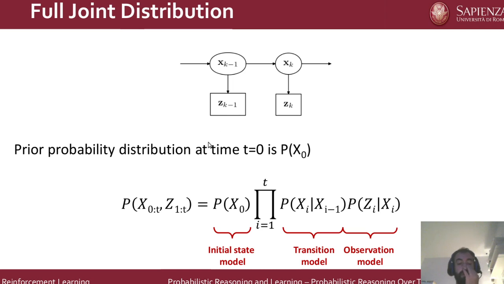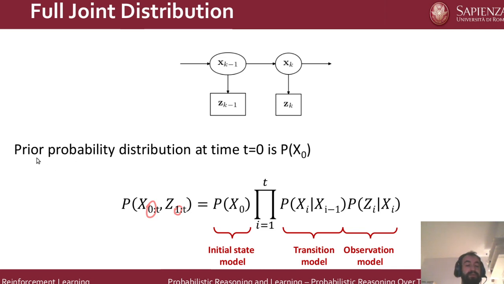So now also here, as we did for the Bayesian network, we can compute a full joint distribution of all the states and all the observations. As you can notice here, this is starting from 0, this is starting from 1, because typically the initial state is not generating an observation for the typical notation that we use.